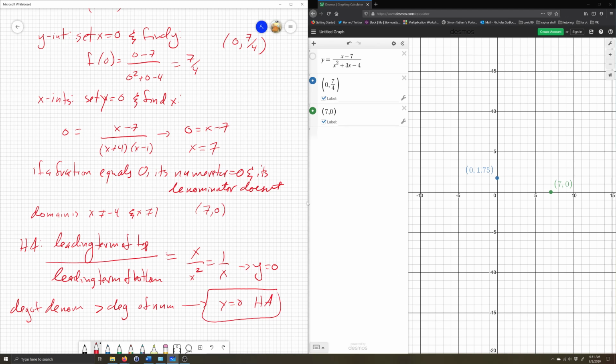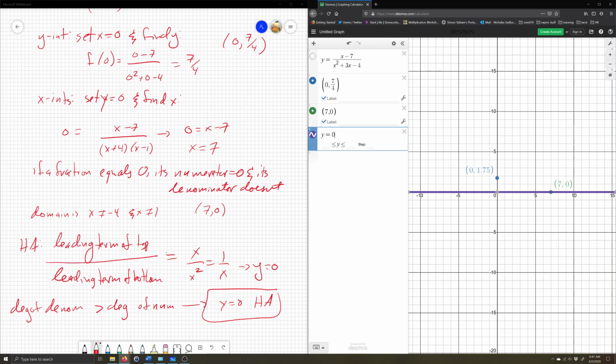So I'm going to draw a dashed line at y equals 0, and I'm going to actually change all these colors to red because I want to.